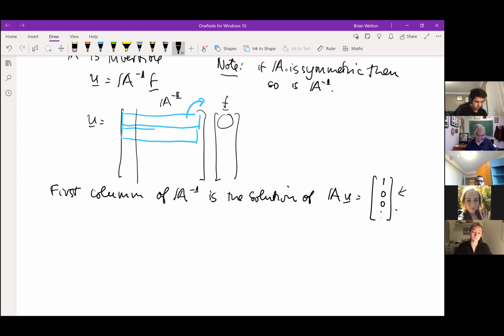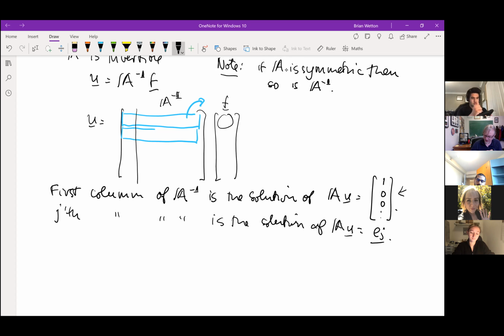That's just this logic. And of course, the jth column is the solution of A times U equals E_j, the jth standard basis vector. So that's how you find the inverse.